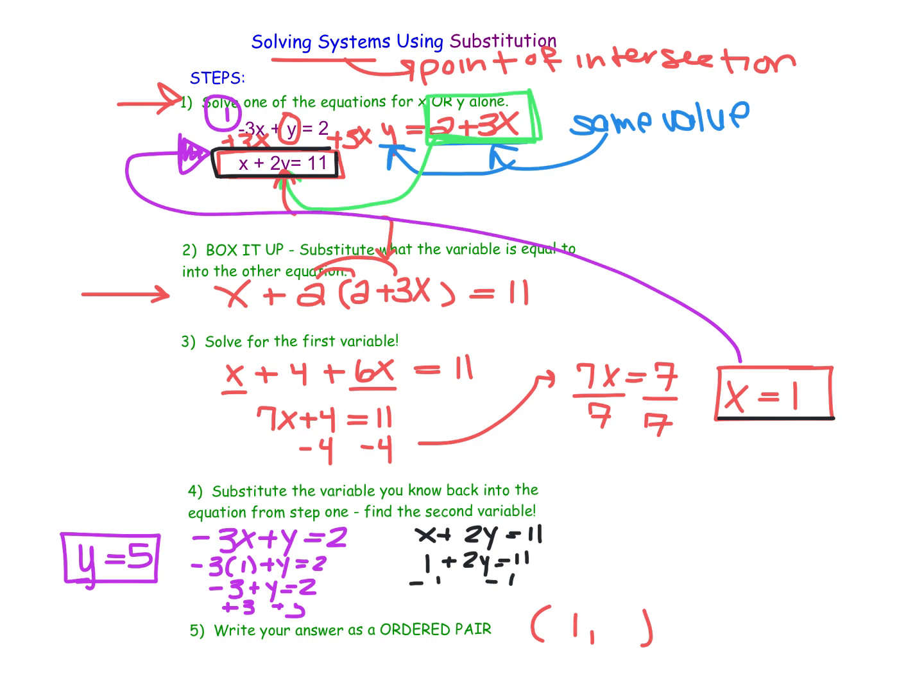Subtract 1 from each side. We get 2y is equal to 10, divide by 2, and we find y is equal to 5. So notice that regardless of the equation we use, we get the same y value, because this is the point where these two lines cross. These two lines cross when x is 1 and y is 5.